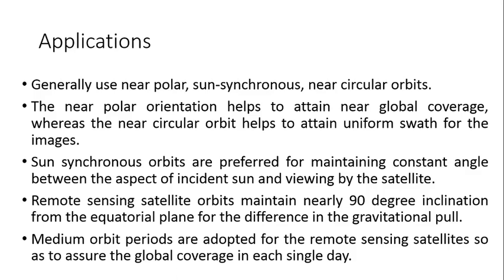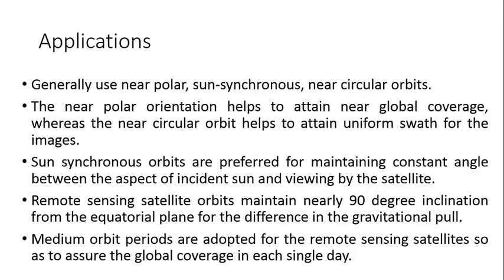Besides, polar orbits have nearly 90 degrees of inclination from the equatorial plane. Also, medium orbital period satellites are adapted for remote sensing so as to assure global coverage in a single day.